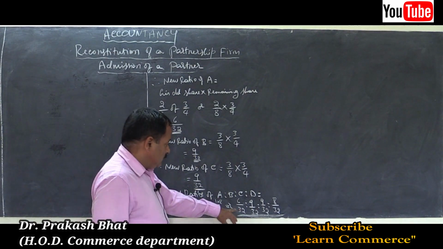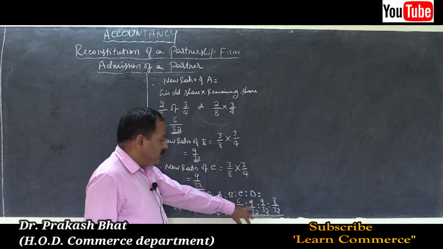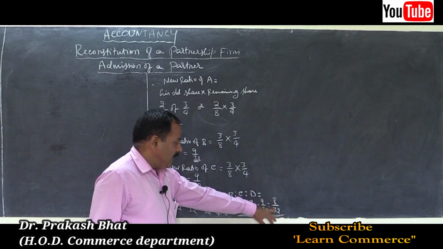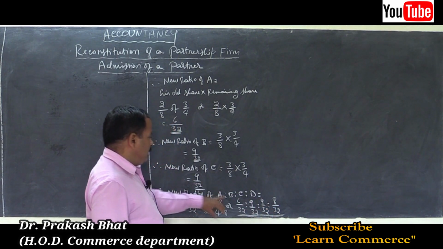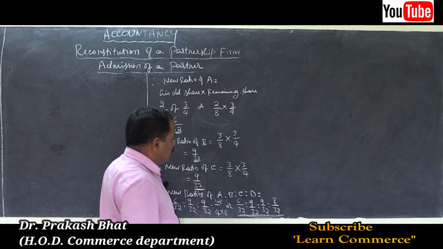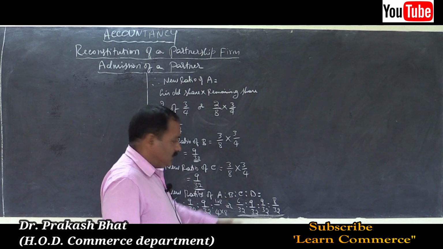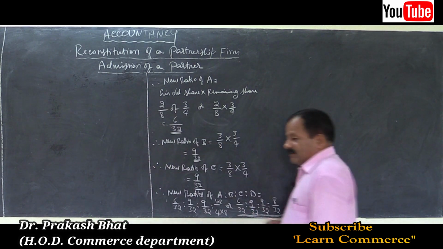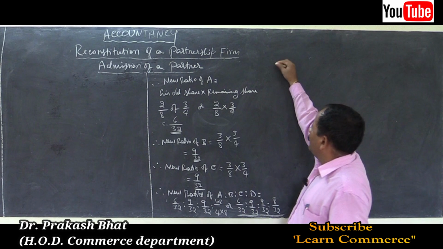So it will be 6/32, 9/32, 9/32 and 8/32 among A, B, C and D. This is the new profit sharing ratio. While writing the ratio, you should remove the denominator so that it will be comfortable.